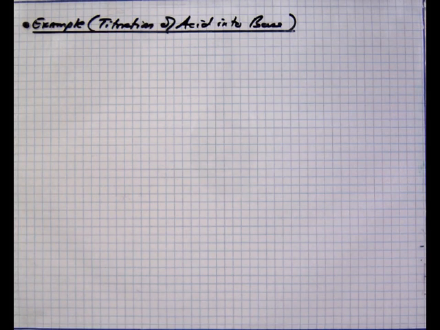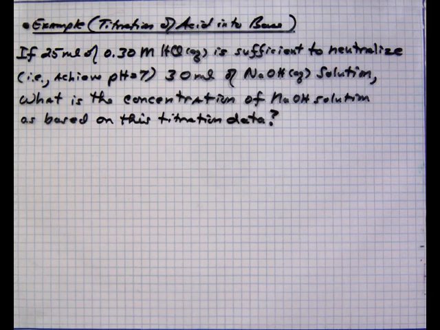Okay, as an example, we want to look at the titration of an acid solution, and I didn't write it in, but an acid solution into a base solution. Here's an example that's rather standard in these types of situations.